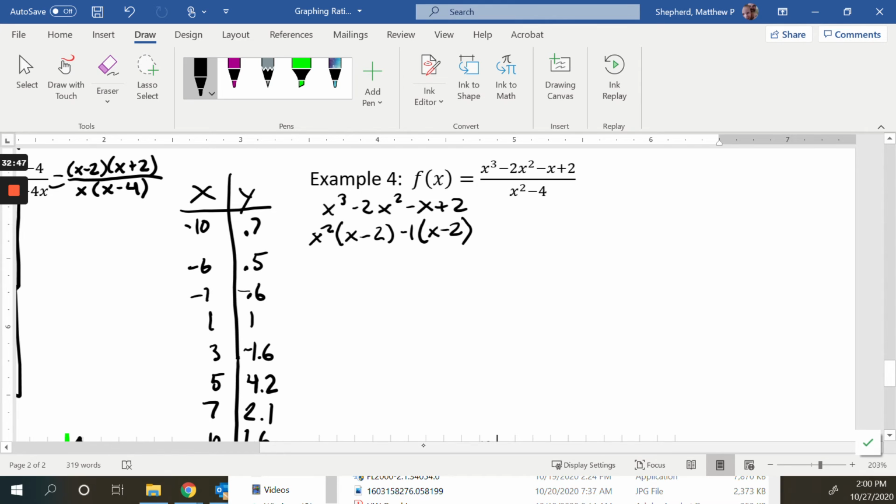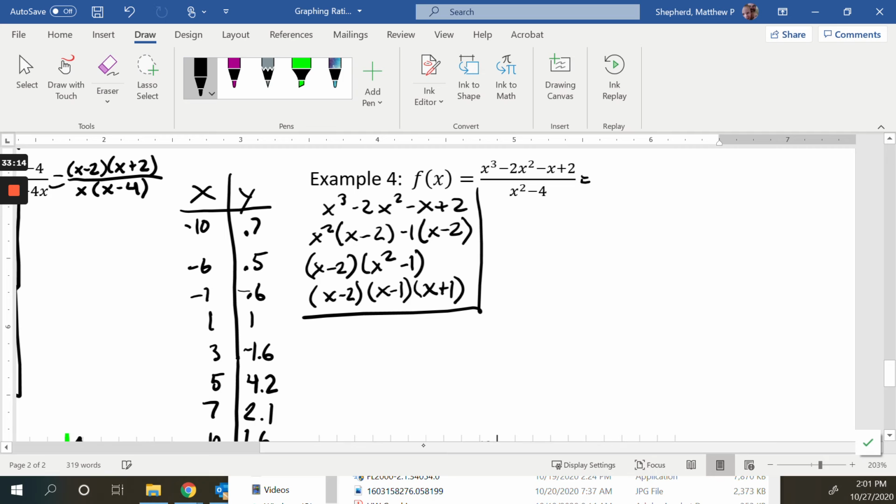Since both of those now have a factor of x minus 2, I can now write that as x minus 2 times x squared minus 1. X squared minus 1 is a difference of squares. So we have x minus 2 times x minus 1 times x plus 1. All right, so I factored my numerator to x minus 2, x minus 1, x plus 1.